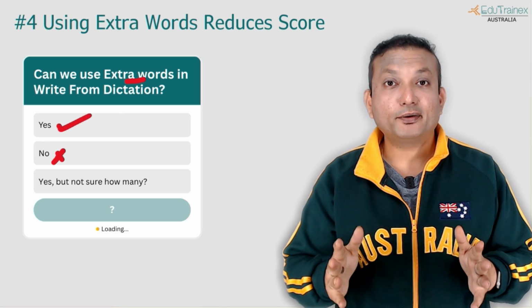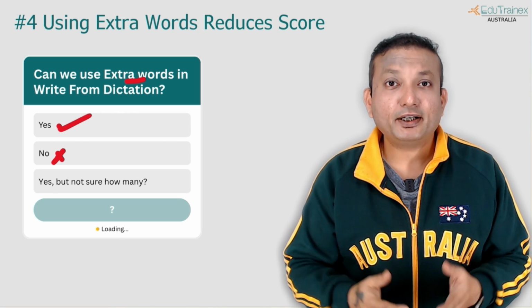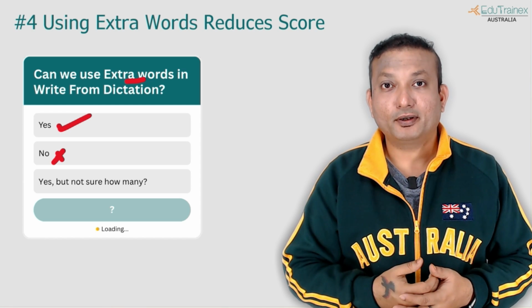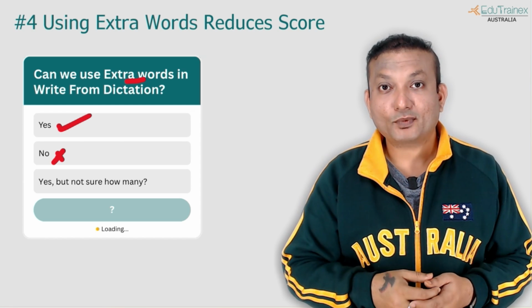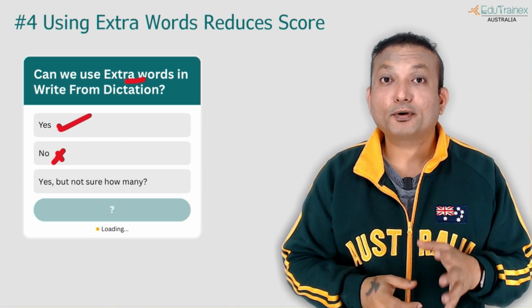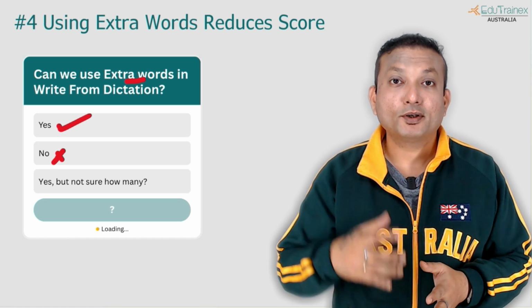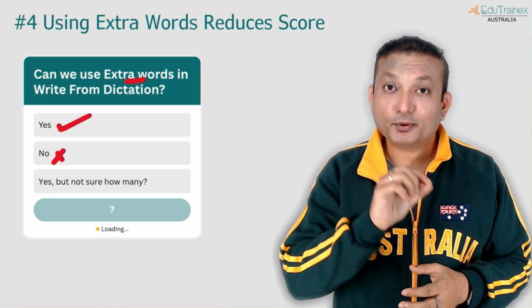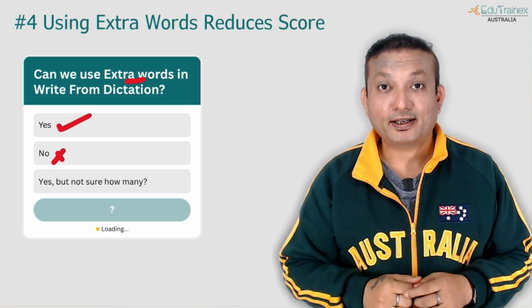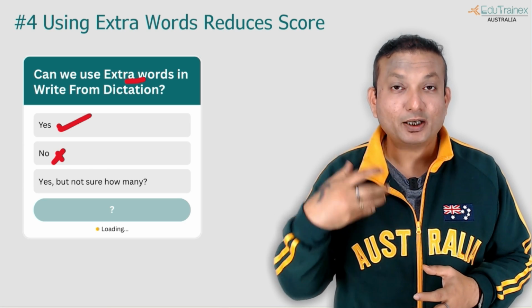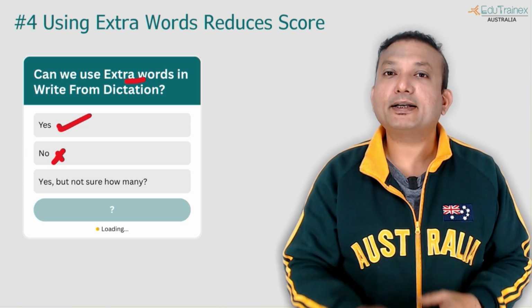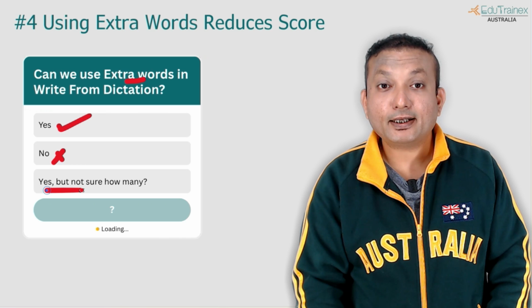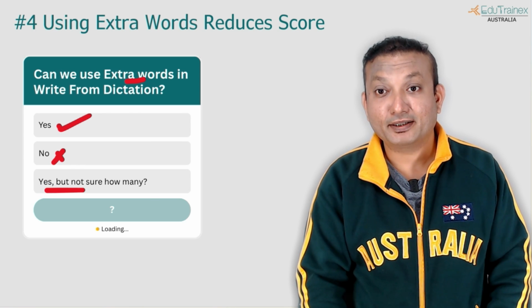If you don't want to take any risk unnecessarily, you don't need to write extra if you are already able to recall. And there is a very good technique that I have shown to you before as well for Write from Dictation. You listen to it, you memorize it, you write down the initials, and then you start typing to reproduce while still memorizing it. So that technique definitely works, and that is how the extra words work in the exam.